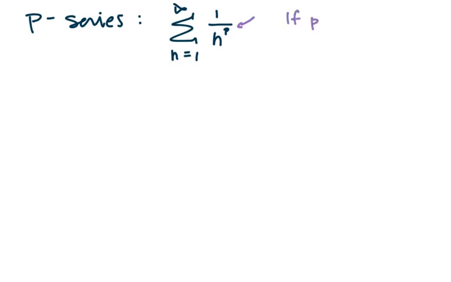If p is greater than 1, it's going to converge. And if that p-value is less than or equal to 1, it will always diverge. So this is just a specific type of harmonic series. Okay?